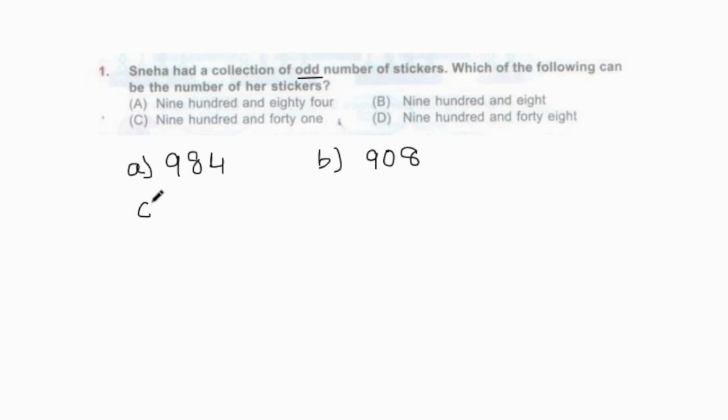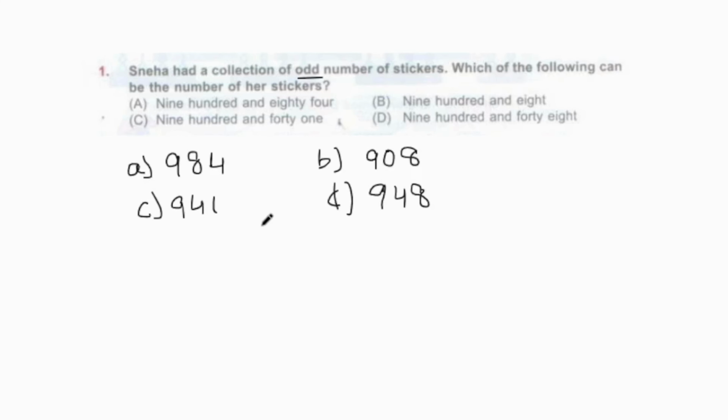Option number C, it's 941. So 9, 4, 1. For option D, it says as 948. So we are going to write 9, 4, 8.